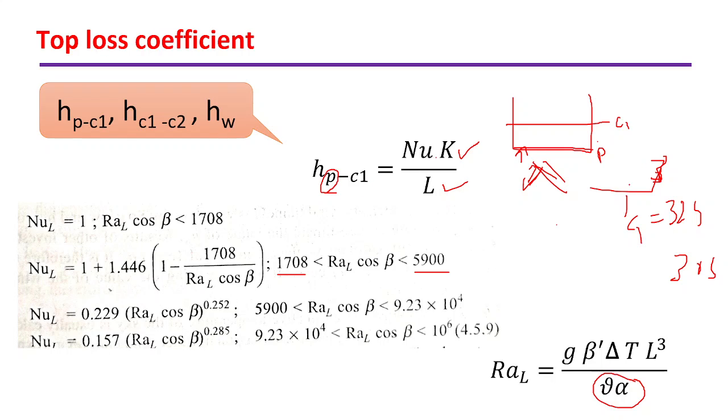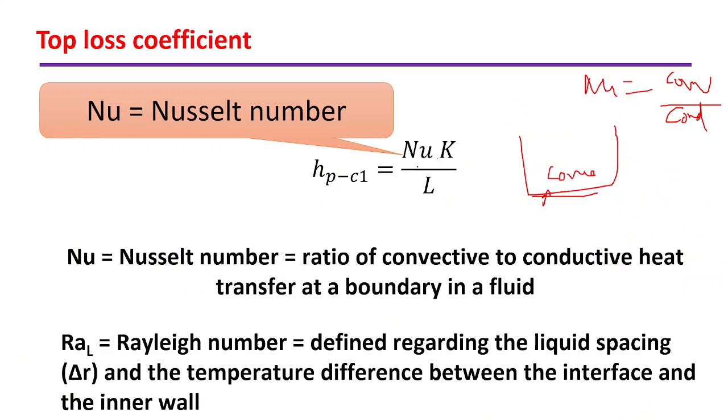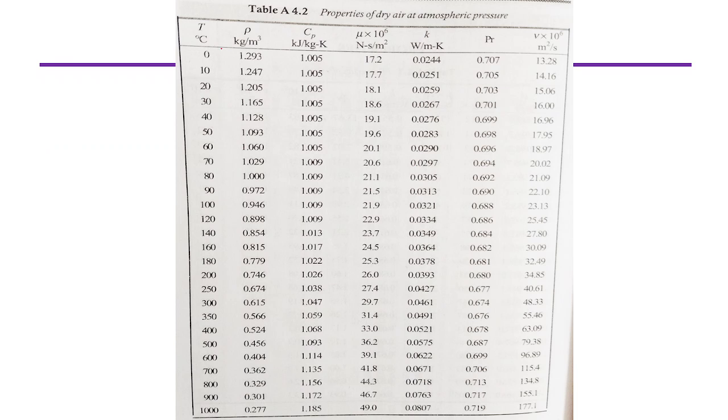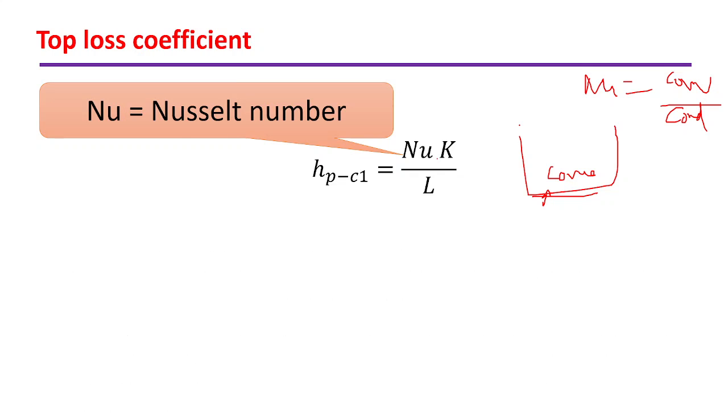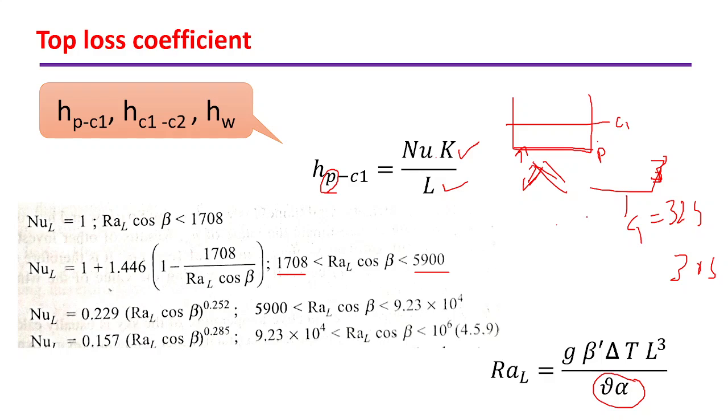To get the Nusselt number we have to check the table, and to check the table we should know the temperature. So we will take a mean temperature of the plate, 343 and 325.